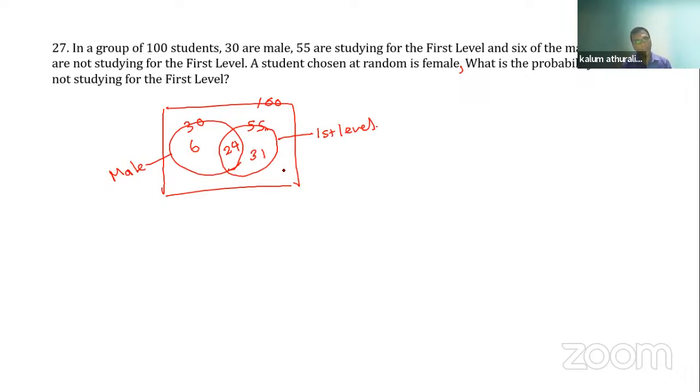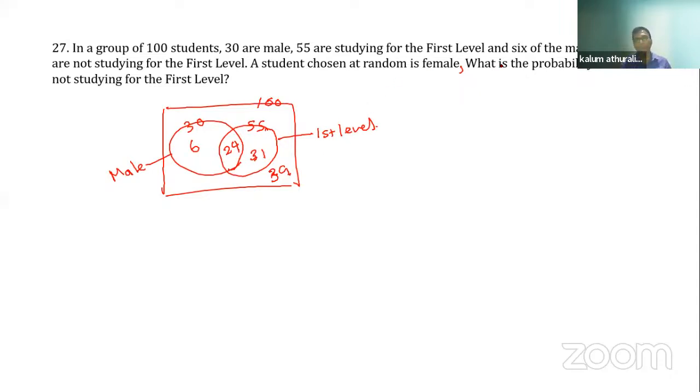Then this area equals how much? 39. 30, 60, 61, 70, 100.